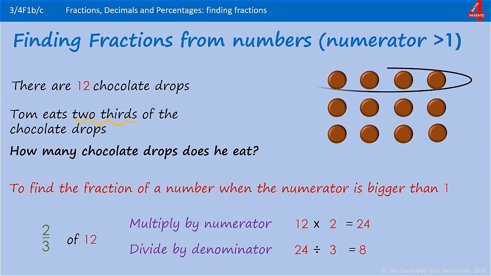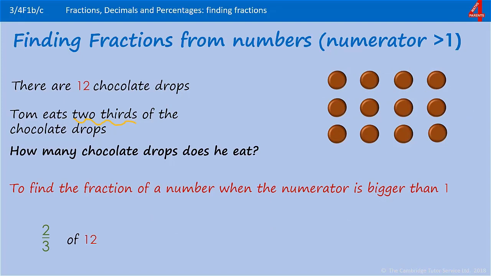And if we just check that, we know that 1/3 of 12 is 4, then 2/3 of 12 will be 8. It doesn't matter which order you do that in. I'm going to do that again, but do the division bit first. Divide by the denominator.